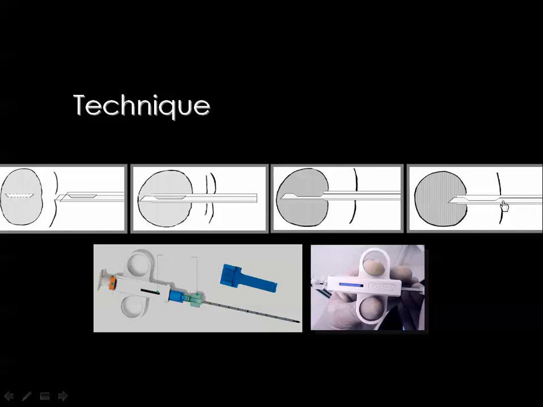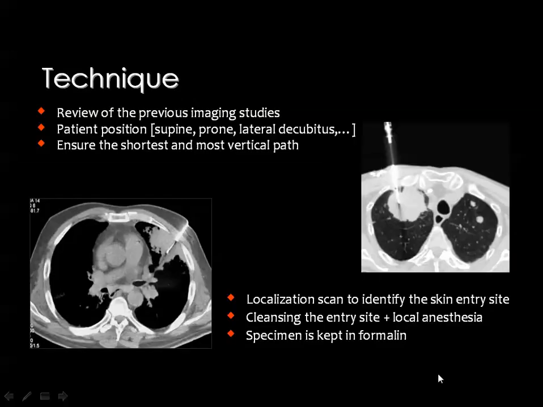Then you push the inner needle to be inside the lesion. Then you fire the needle in order to cut a part of the lesion and go inside the outside needle. Then you draw both needles outside. And here this is the technique.